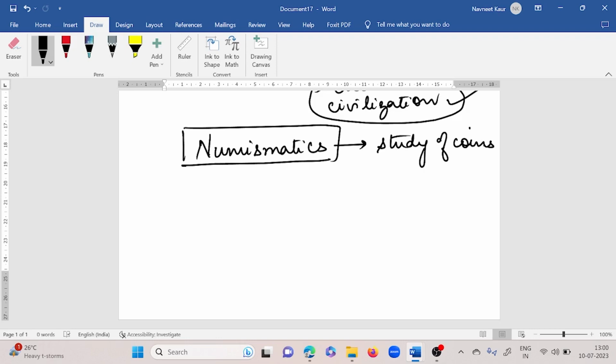And why are coins important? Why are they such an important source of information?